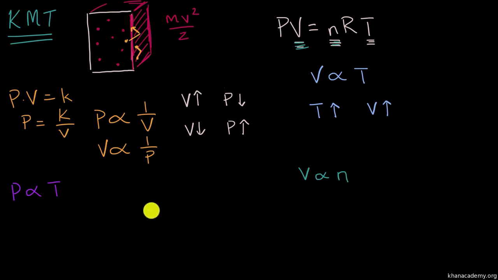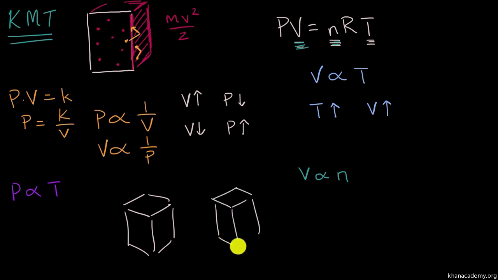Last but not least, let's say I have two identical containers. That's one there, that's one over here. And actually, I'm going to draw that same container a third time. And let's say over here, I have gas 1, and it has some pressure due to gas 1.